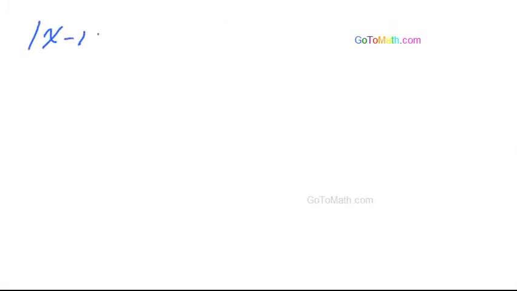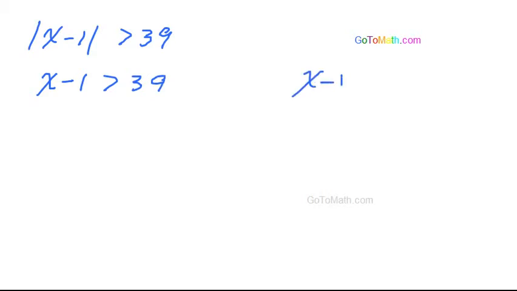x minus 1 is greater than 39. So we go ahead and drop the absolute value bars, and we'll do that again over here. So remember, this time we flip the sign, make it negative. Okay. So go ahead and solve for x.